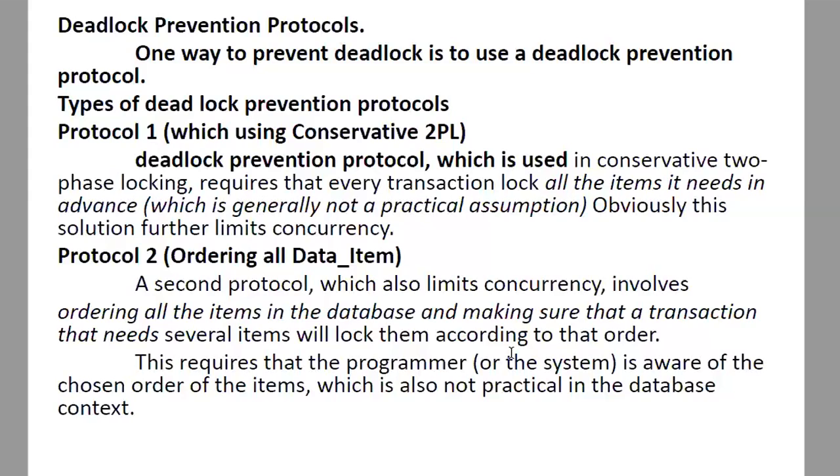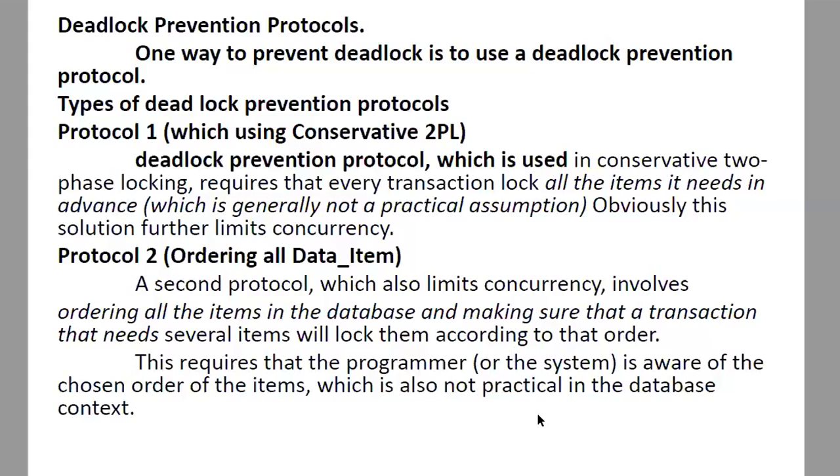This protocol is also somewhat difficult to implement practically. This second protocol, which also limits concurrency, involves ordering all the items in the database and making sure that a transaction that needs several items will lock them according to that order. In whichever order the data items are going to be accessed by the transaction, in the same order all the data items will be locked.